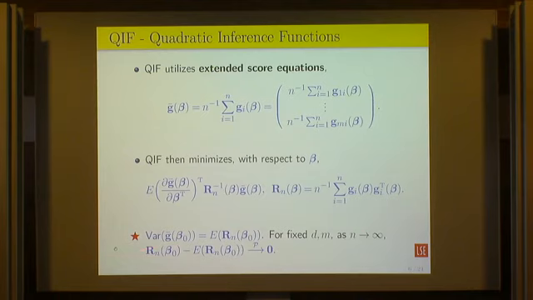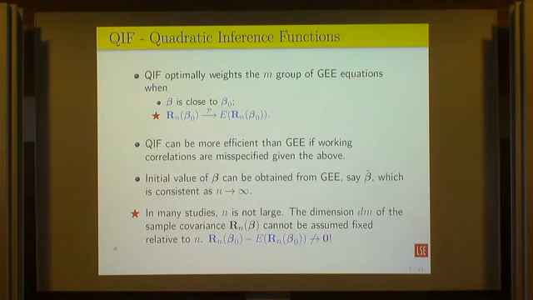So is it true in practice? Here I specify those. First of all, the estimator of beta in the GEE has to be close to beta.